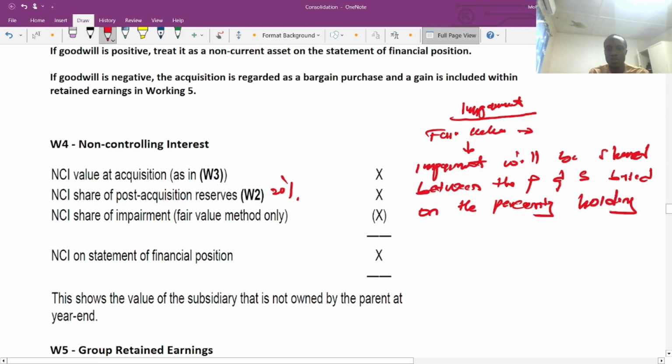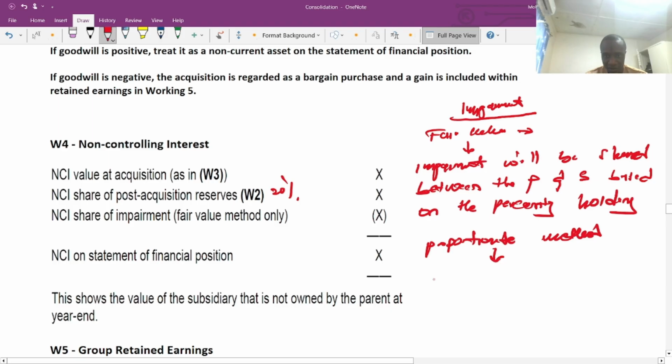Simple concept. But if we are going to use the proportionate method instead of the fair value, then we are not going to share the impairment between the parent and the subsidiary. Instead, we are going to account for it only for the parent.